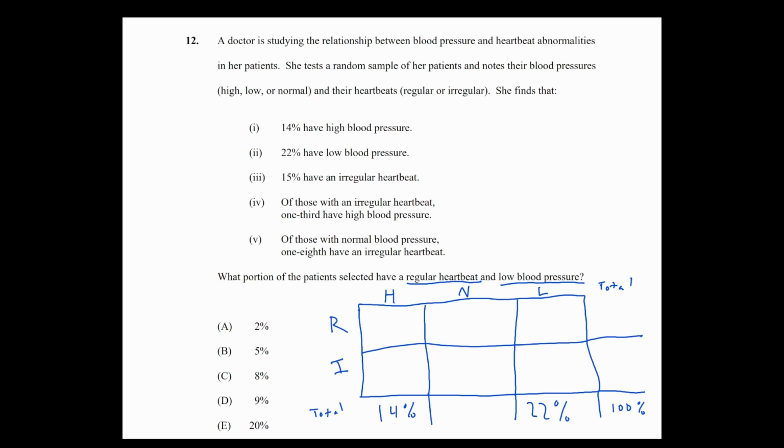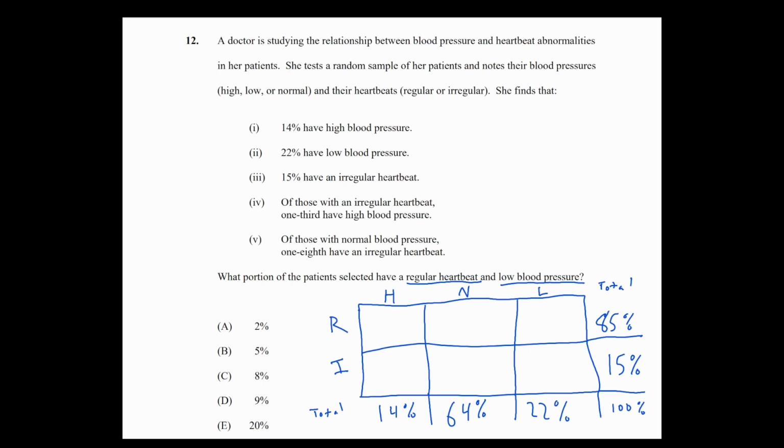Now let's go to point number 3. 15% have an irregular heartbeat, so that's 15%. That means 85% of people have a regular heartbeat, and 14 plus 22, which is 36, so that means 64% of people have normal blood pressure.